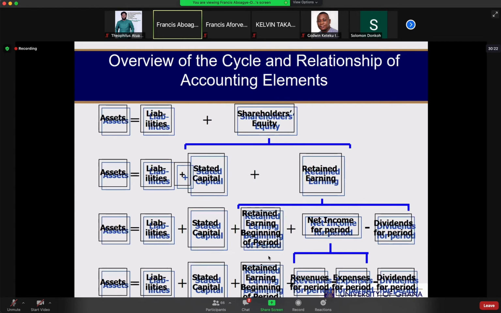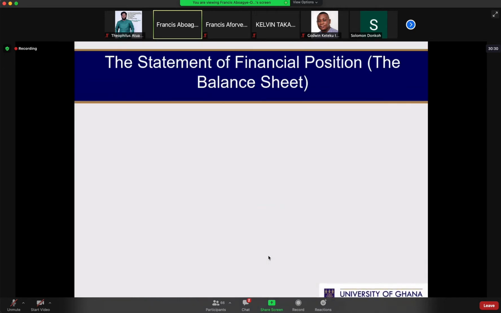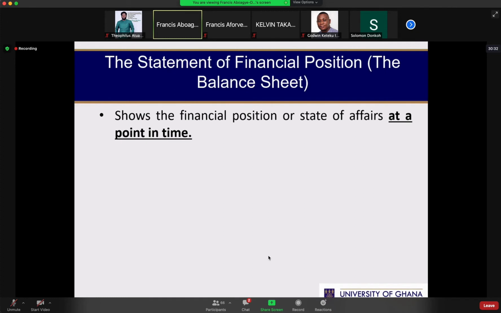But now let's take the components one by one. The first one is the statement of financial position, which we refer to as the balance sheet. It shows the state of affairs at a point in time.